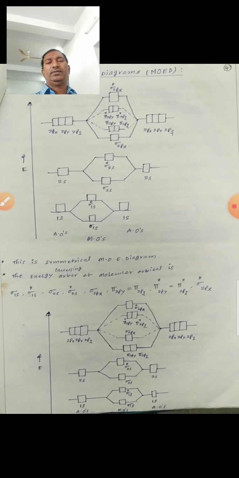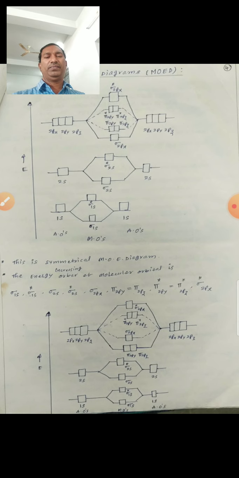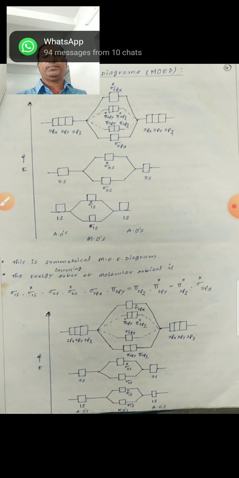Next, pi star 2py equal to pi star 2pz, which also have the same energy, and then sigma star 2px. So this is the symmetrical molecular orbital energy diagram.